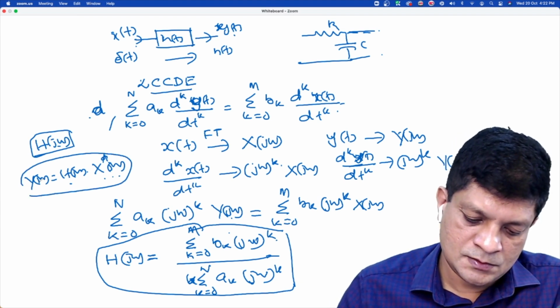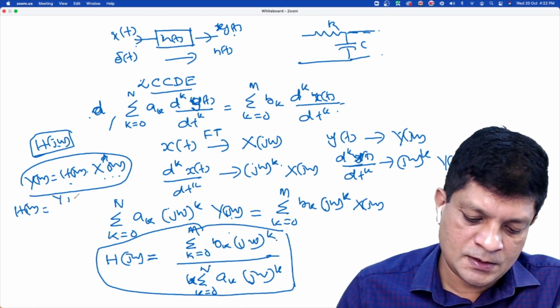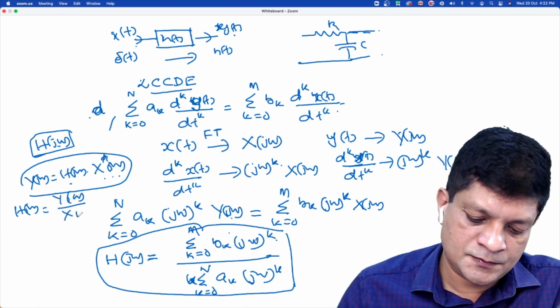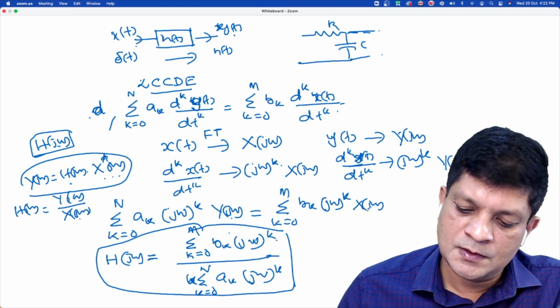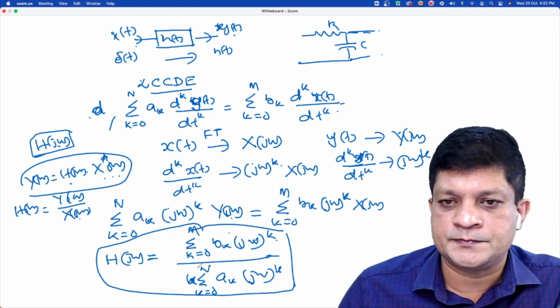This is the relation. So H of j omega is Y of j omega divided by X of j omega. Okay, so then cross multiply these terms, and you will get this expression.